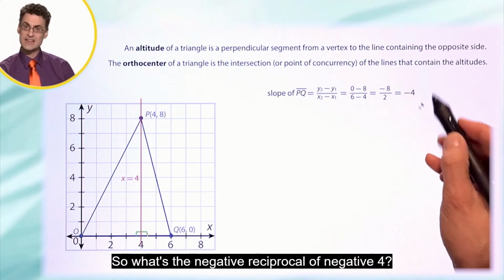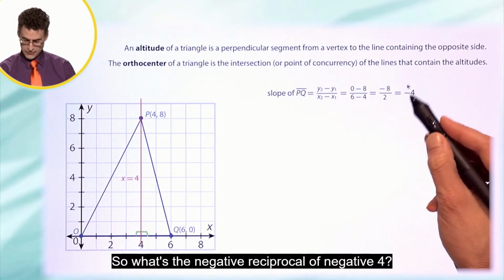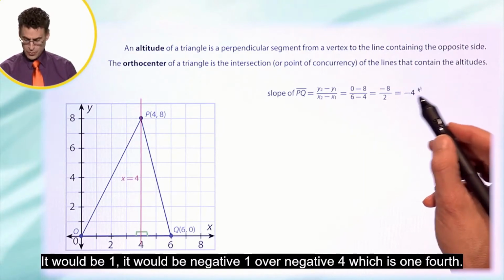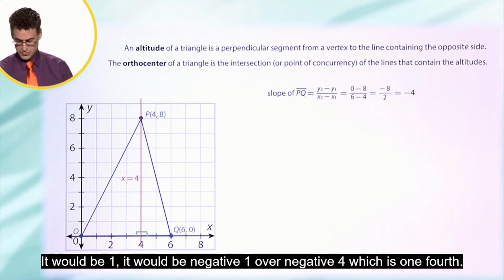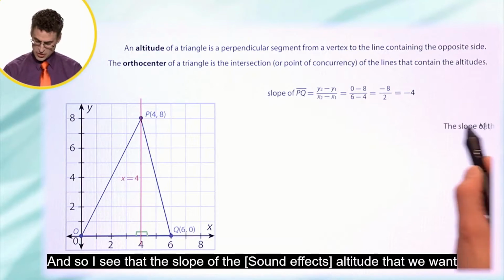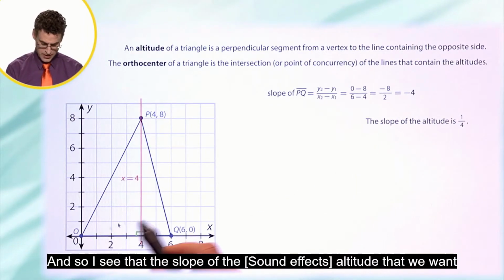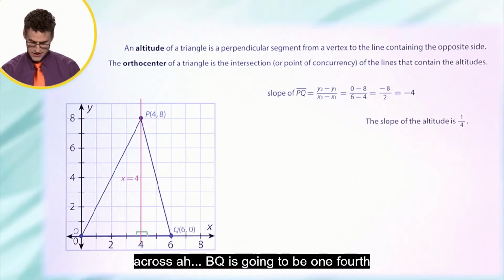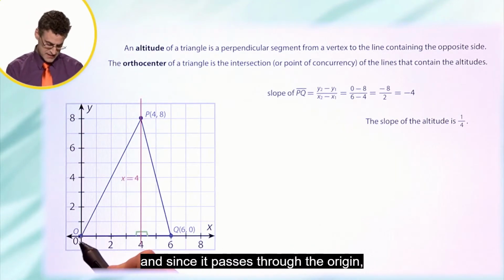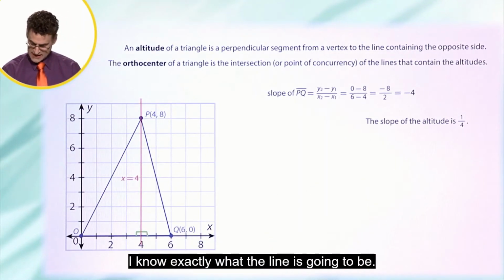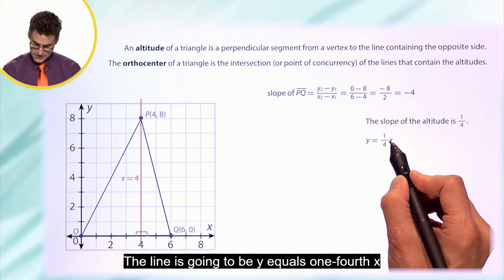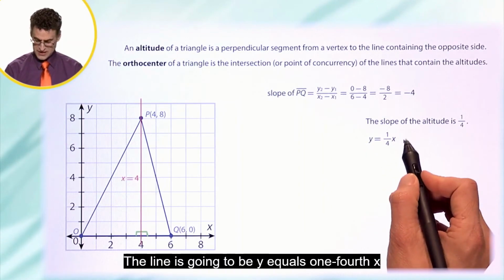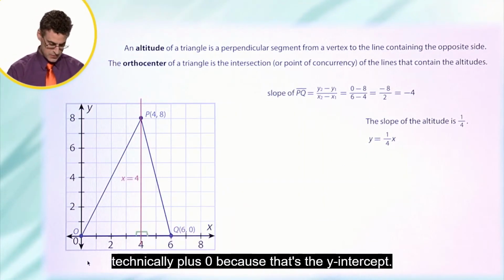So what's the negative reciprocal of negative 4? It would be negative 1 over negative 4, which is 1/4. And so the slope of the altitude that we want across BQ is going to be 1/4. And since it passes through the origin, I know exactly what the line is going to be. The line is going to be y equals 1/4 x, technically plus 0, because that's the y-intercept.